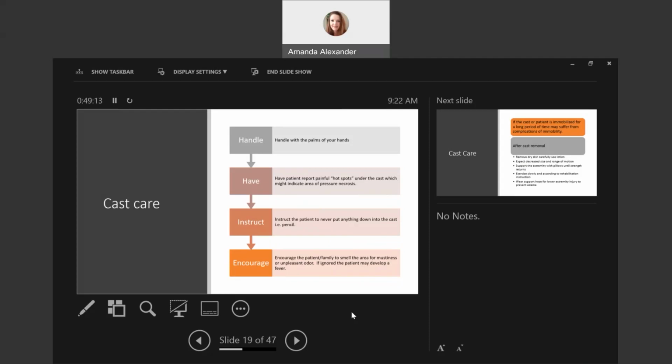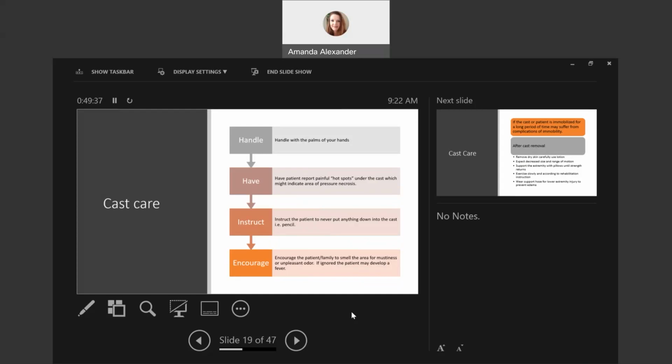It's like a cool air, but not cold, and it's still warm. So for sensitive tissue underneath the cast, this actually could cause damage if it's not done properly. So just be careful if you're going to educate on using a hair dryer for cooling the areas in the cast.